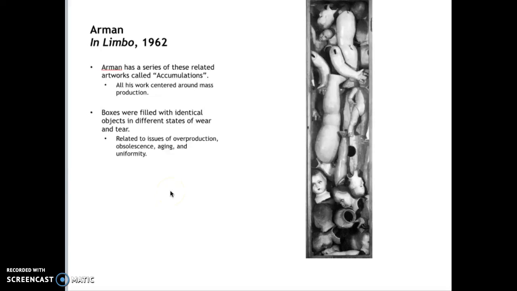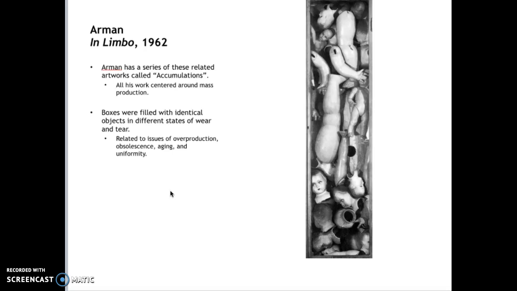This is in Limbo. There's an association again of body here. Again, this is post-World War II non-European art, post-World War II European art. There's this idea of these different body parts that are broken, that are waiting to be activated by being put together.